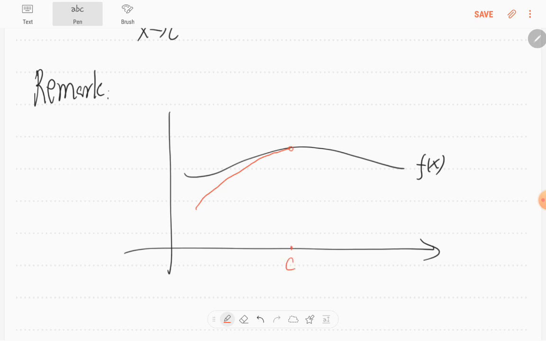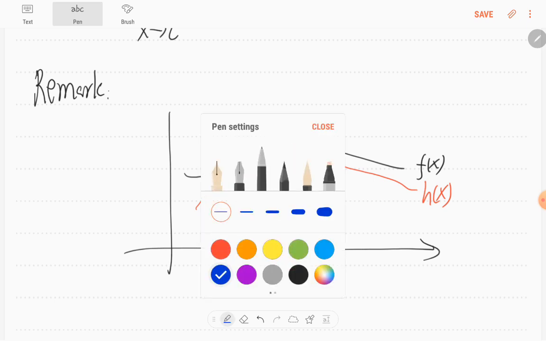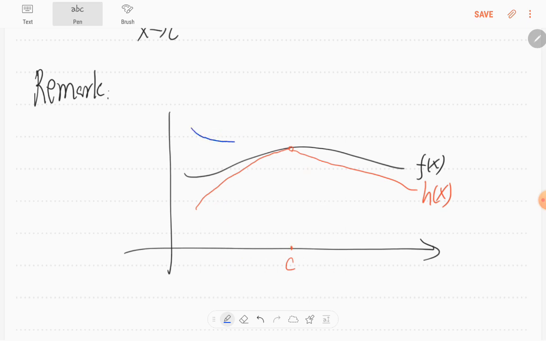This is the h of x. So h of x is less than f of x almost everywhere. And this is the g function. The g of x is also greater than or equal to f of x almost everywhere around c.